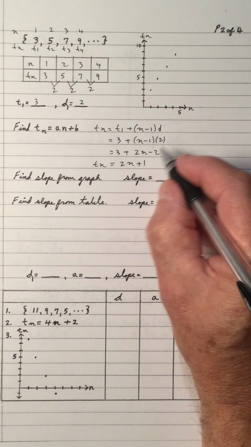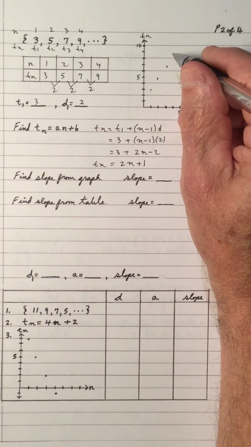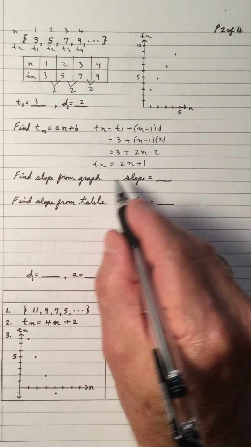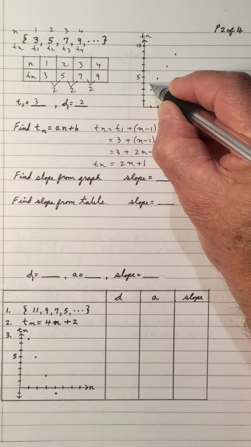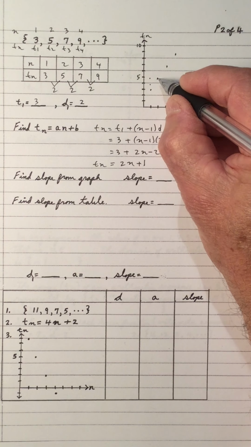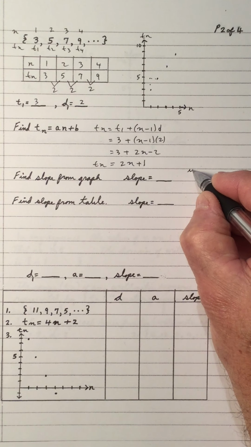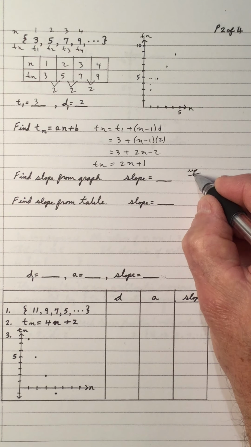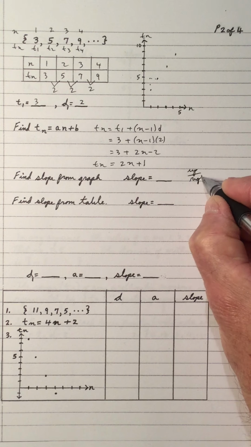Now, let's look at it. We took the table of values and we plotted it. Find the slope from the graph. Notice we're going up 2, right 1, that's the rise over the run, up and to the right.